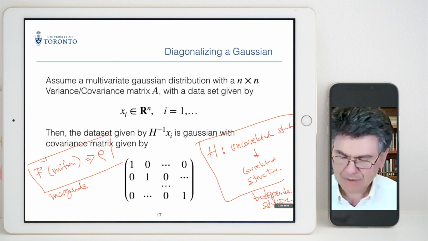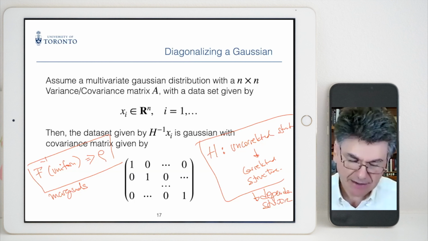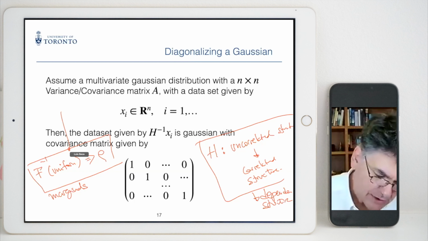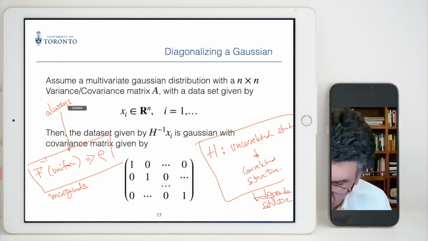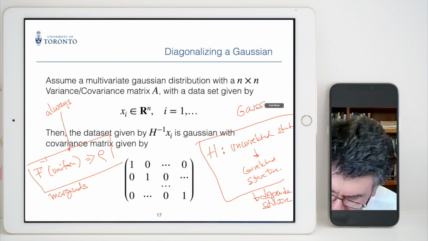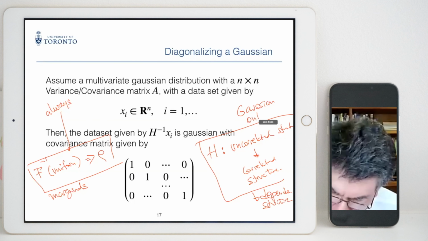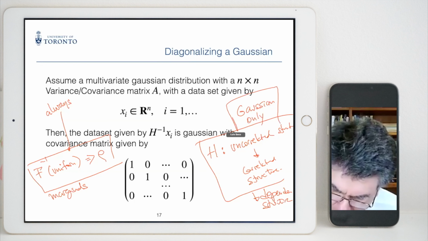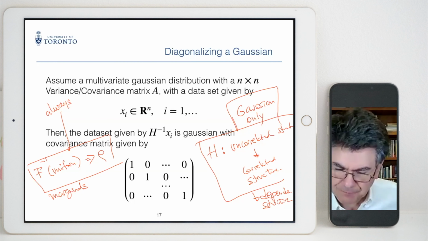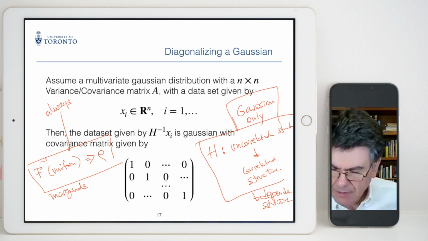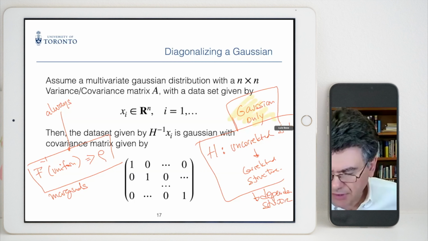It's exactly the same thing. This is only for the Gaussian. This is Gaussian only. This is why Gaussians are so important.